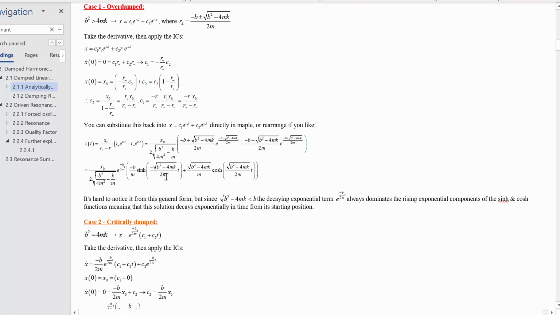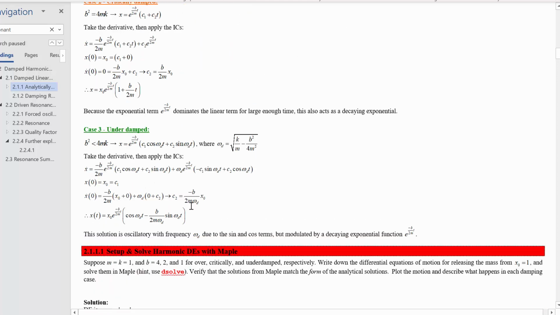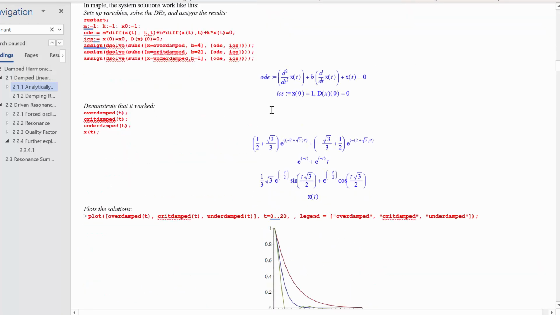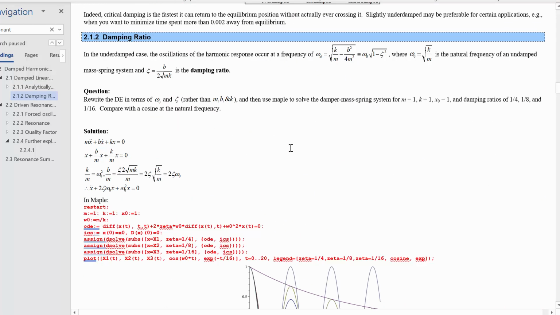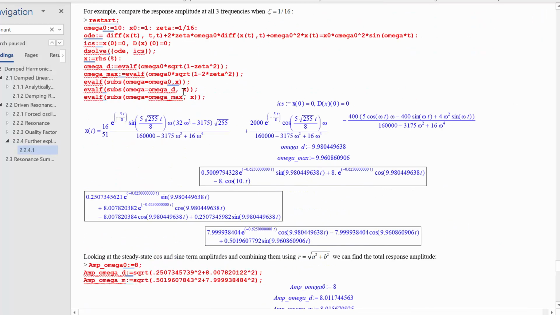Then when we defined zeta and omega naught, we were able to rewrite that in the underdamped term, this one, as omega naught root 1 minus zeta squared by making this definition and this definition. So if you put in that as the driving frequency, you have a different amplitude.